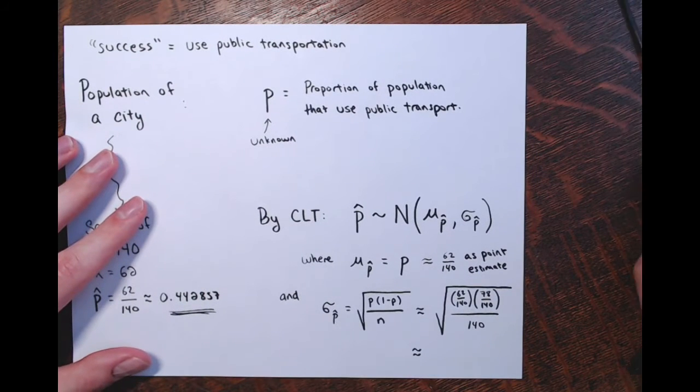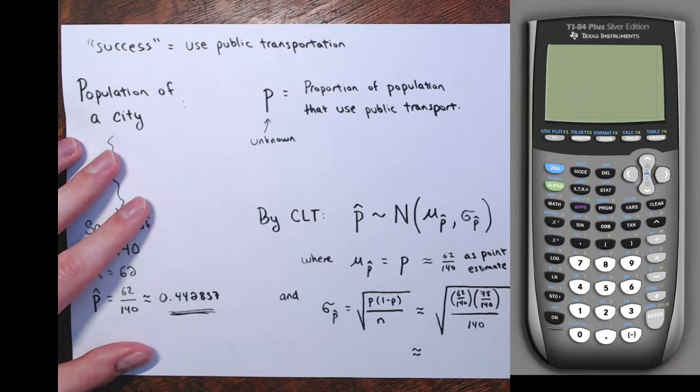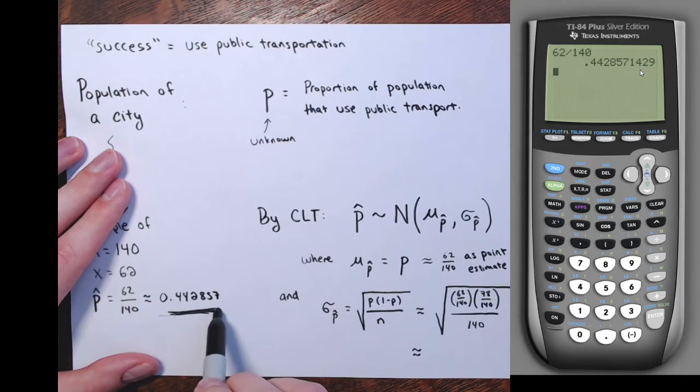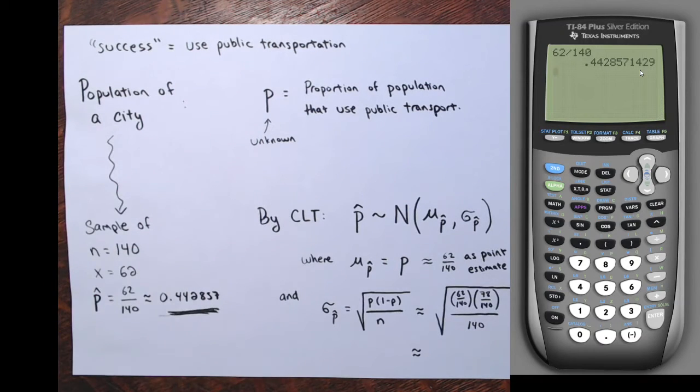All right, so let me go back and bring the calculator up. This value I just had here is our p hat, our point estimate, 0.442857. So I'm just going to leave this the way it is, and we'll go square root of the previous answer times, in parentheses, 1 minus that previous answer, and then divided by 140.